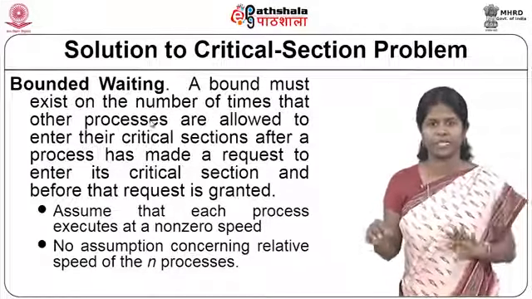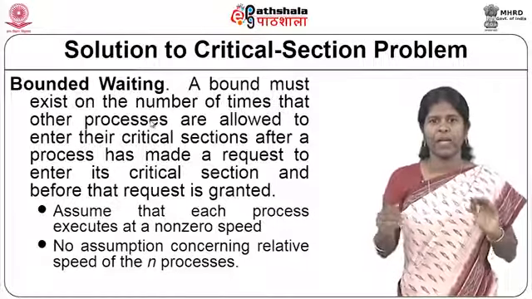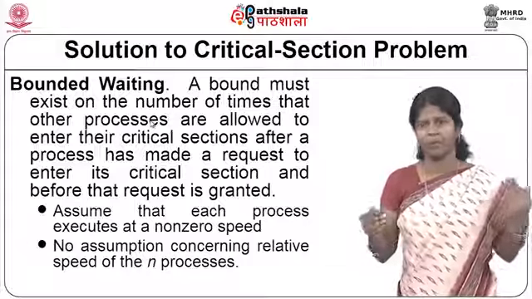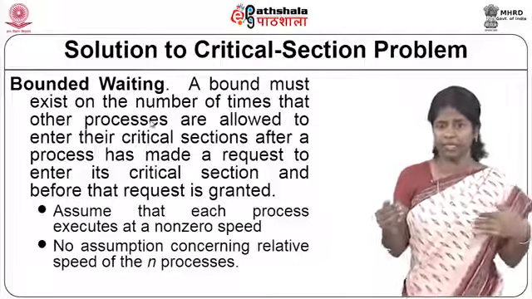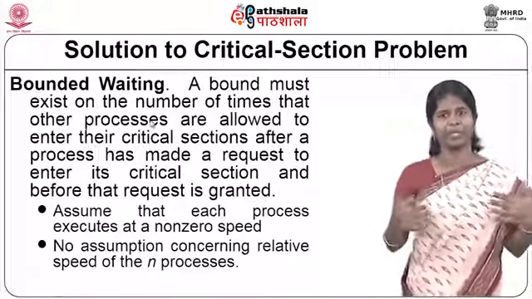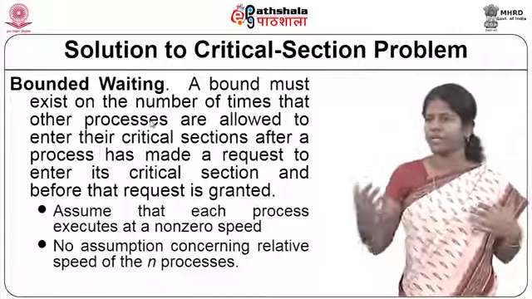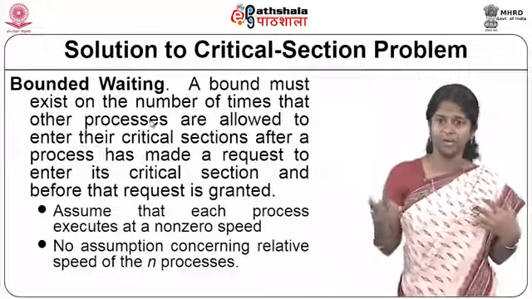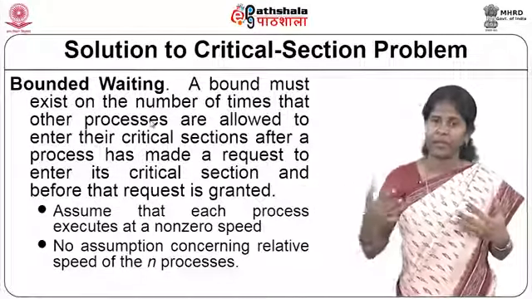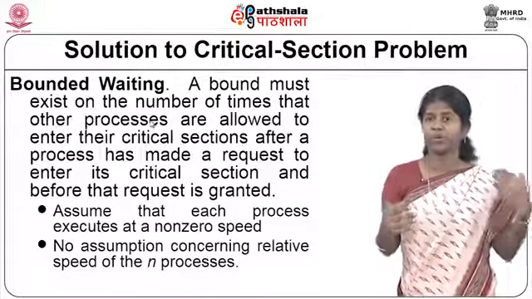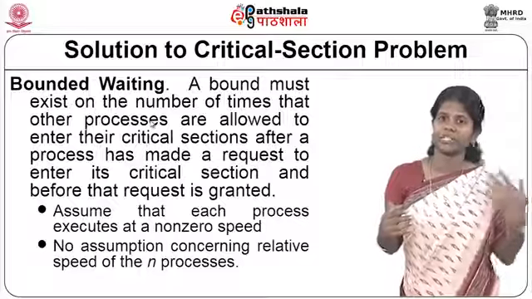Assume P1 is first allowed to enter the critical section, and then P1 comes out, and now P1 again wants to enter the critical section. Now P1 should not be allowed to enter before P2 and P3 have entered their critical sections, because P2 and P3 had requested earlier, before P1 tried to enter the next time.